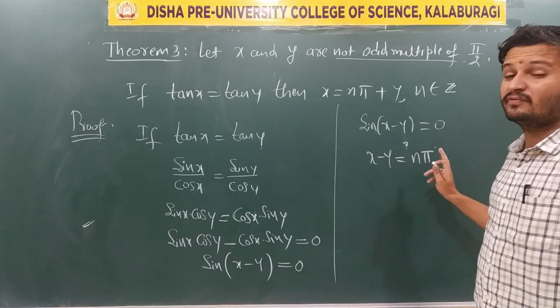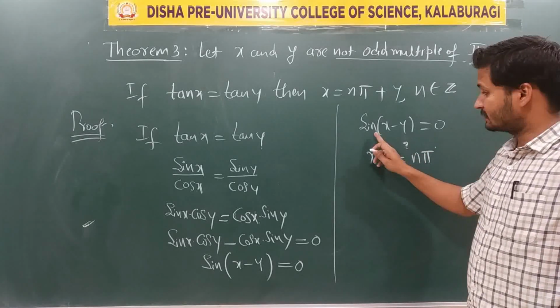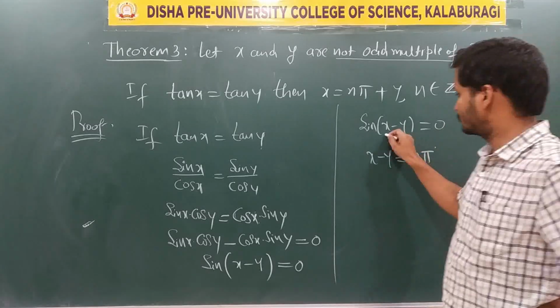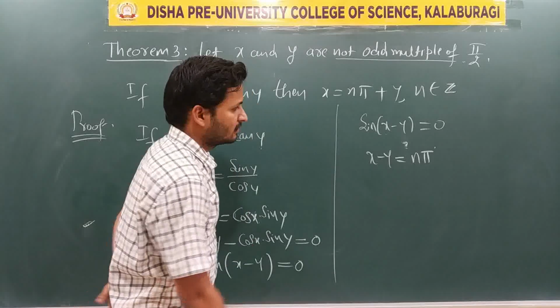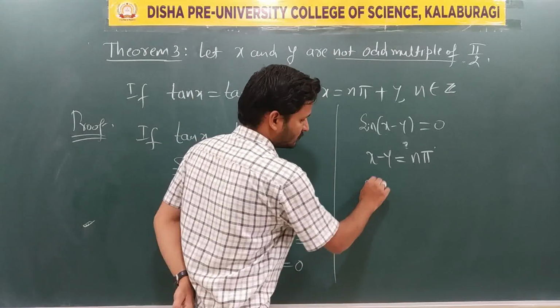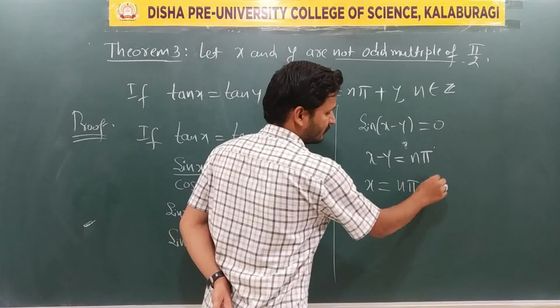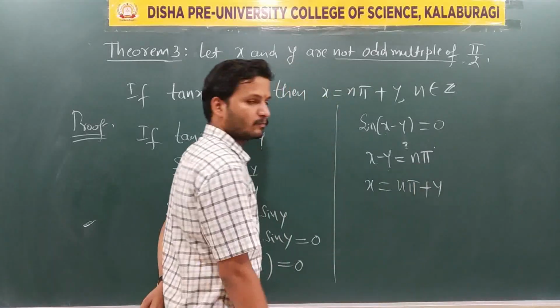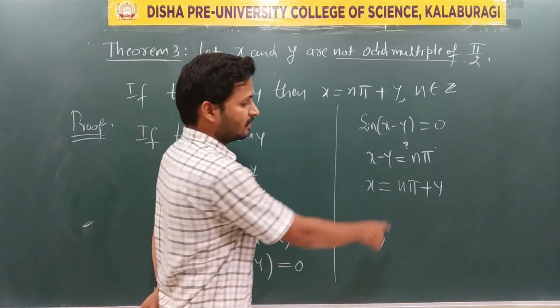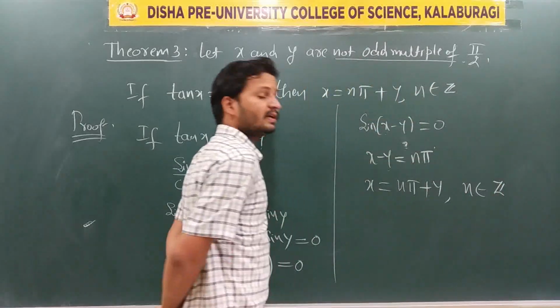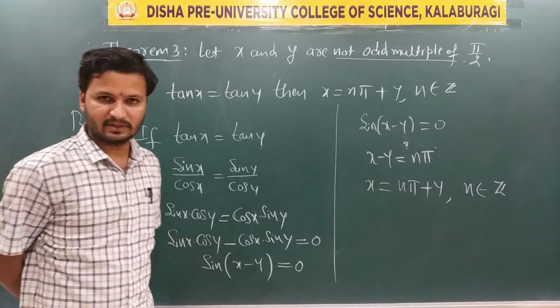This is because of note number 1: if sin x is equal to 0, then x equals n pi. Here treat x as x minus y. Then take minus y to the other side, that is plus y. So x is equal to n pi plus y. Here n is an integer, which belongs to the set of integers.